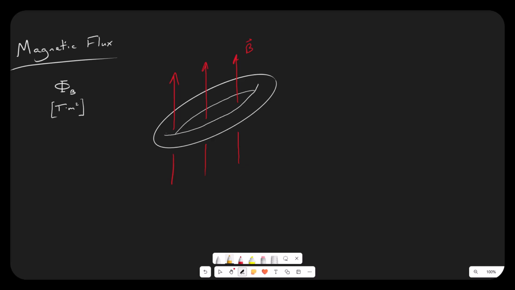So I'm going to take this area, and this area is exposed to a magnetic field. Some of the magnetic field passes through, some of it will be tangent to that, and flux is going to be a quantitative measure of this.